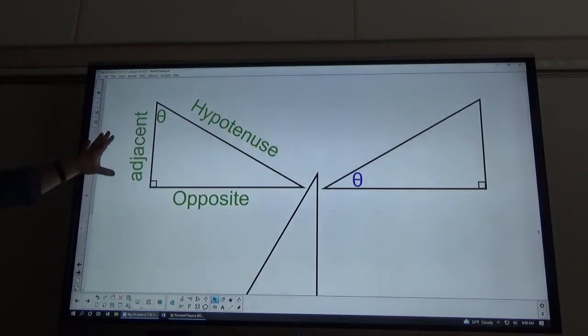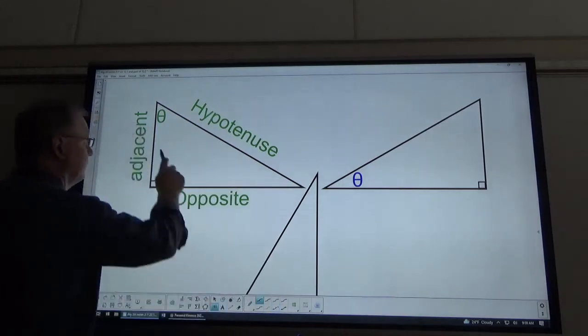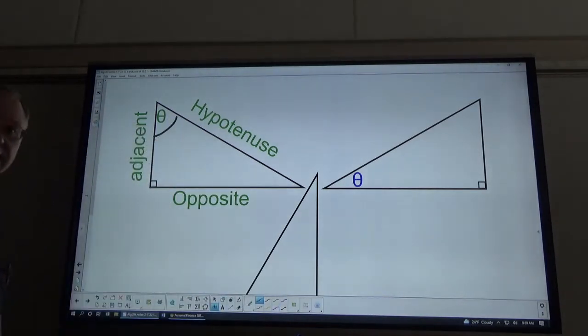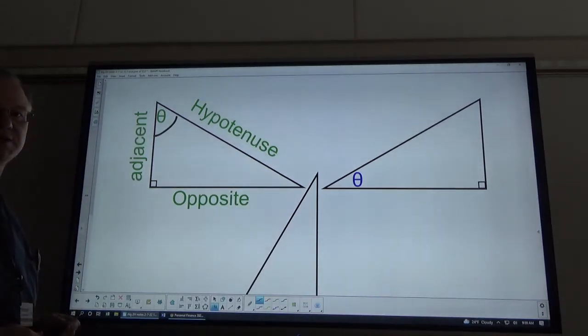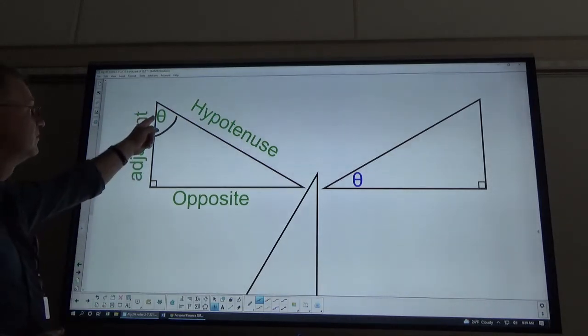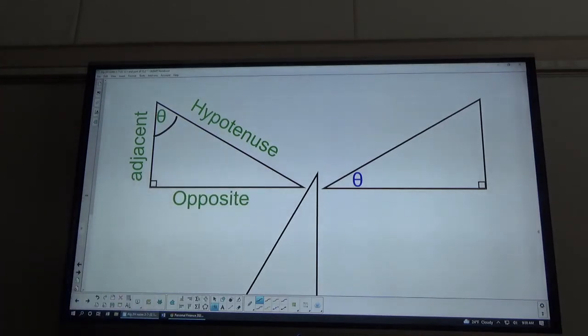So if we have theta here, if that's our theta angle, and somebody asked me today, how do I know which one's going to be theta? It's whichever one is given to you as theta. It's very unusual for theta to be the 90-degree angle. It's almost always one of these acute angles.